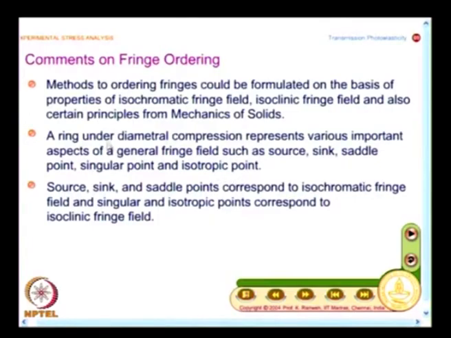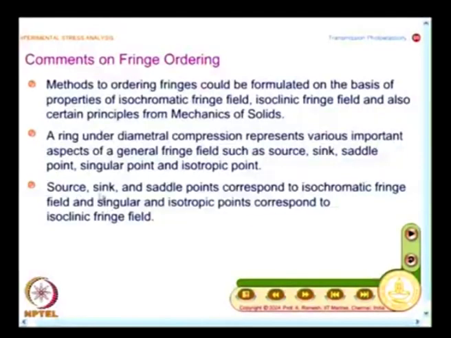That is why we want to go for a ring under diametral compression. So, when I understand all these features that serve as gate points for me to order the fringes, that is what is very important. And these points could be classified, certain belonging to isochromatics and certain group belonging to isoclinics. Source, sink and saddle points correspond to isochromatic fringe field, singular and isotropic points correspond to isoclinic fringe field.